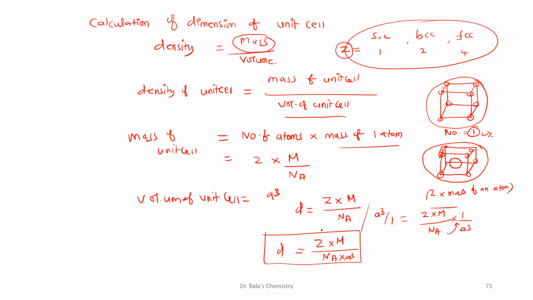They can ask many questions: to calculate molar mass, what type of unit cell it is, the density, or the volume of unit cell. Any one of the things will not be given to you, and you can calculate it using this formula.